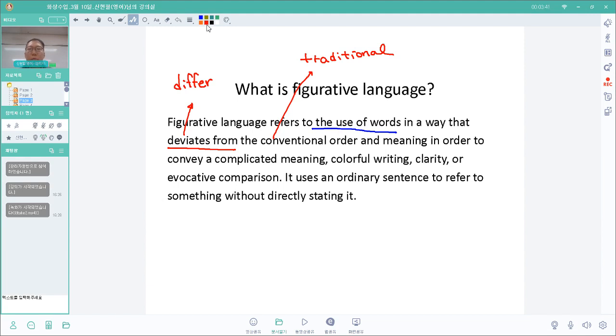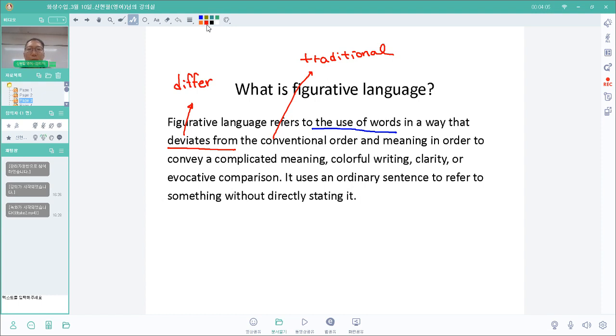When you want to make your writing more beautiful or more effective, you can use figurative language. And other times, if you want to deliver your message with more clarity, you can use figurative language. It works more efficiently to deliver your message clearly sometimes.